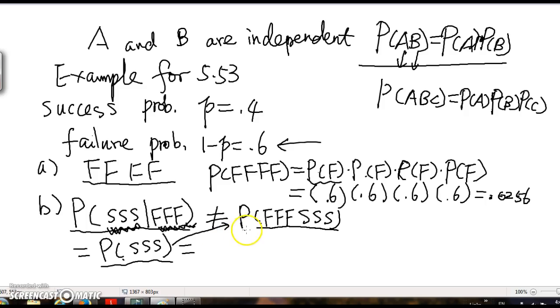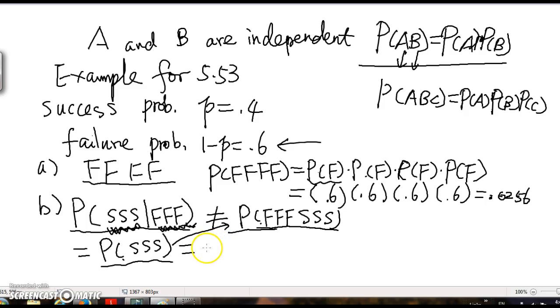This one, we want to find out the first 3 failures and the next 3 successes. So we're talking about the probability of the intersection of these 6 events. But over here, we only talk about the probability of the 3 successes.